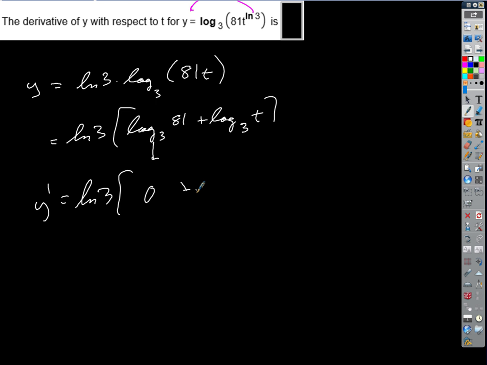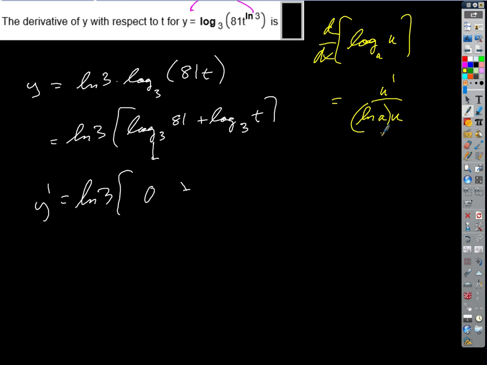Question, comment? No. What about this then? What's our new rule? What's our standard form for the derivative of a base a log of u? u prime over ln of a times u. Right? That's our new standard form.